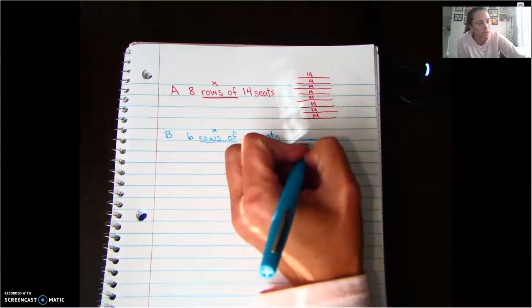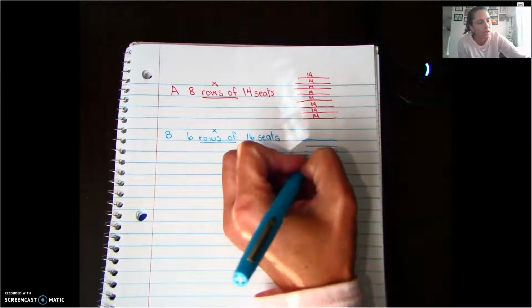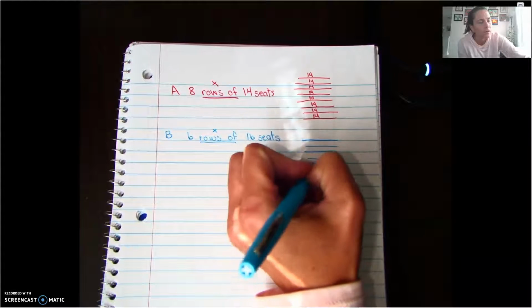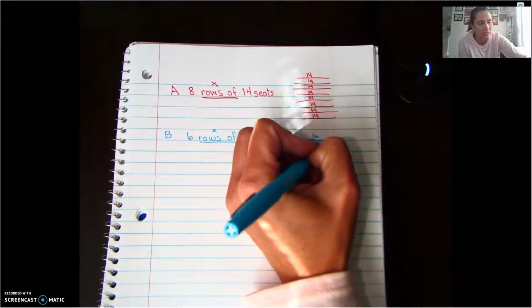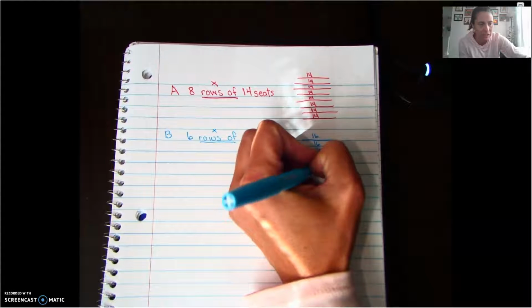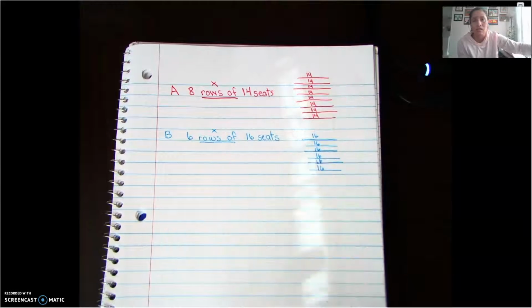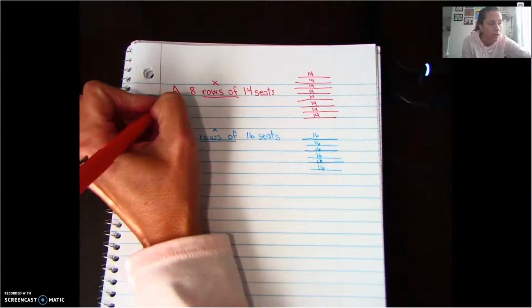B has 6 rows, so 1, 2, 3, 4, 5, 6. And there are 16 seats in each of those rows. So it would be 16 plus 16 plus 16 plus 16 plus 16 plus 16. We know we could do the repeated addition, but what I want to do is our area model that we've been working on.